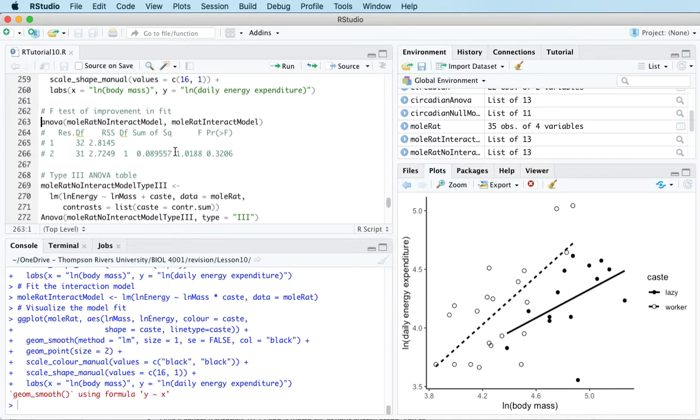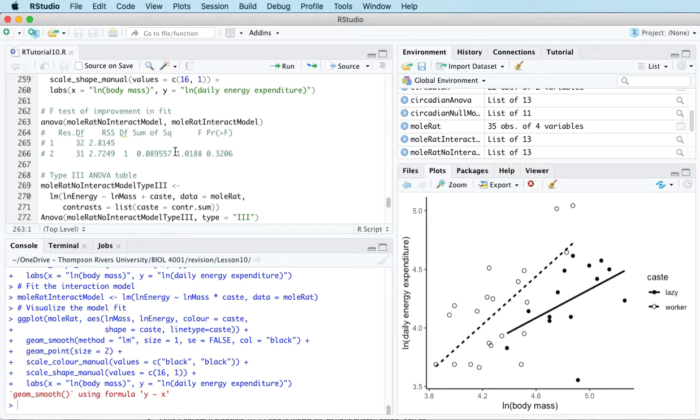So we're going to do an F-test of the improvement in fit, and so we're going to lay out our 4 steps as usual. So the first step is to state the null and the alternative hypotheses.